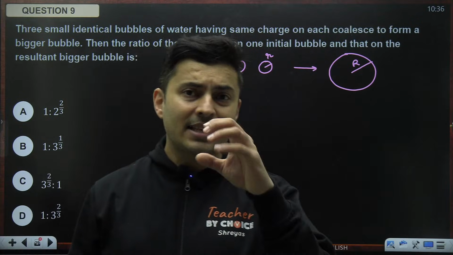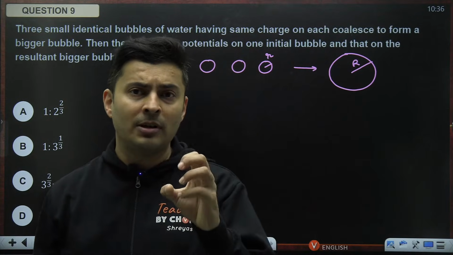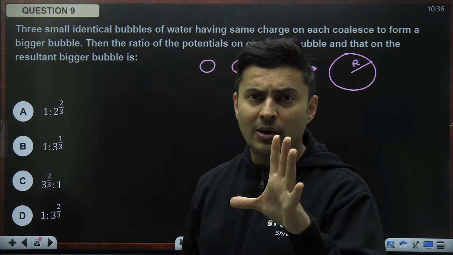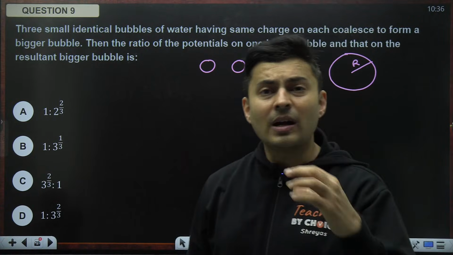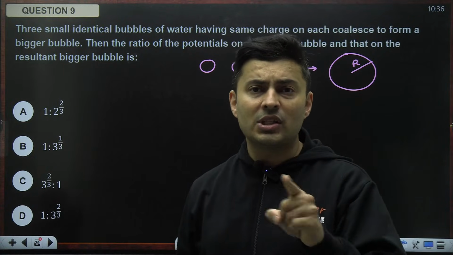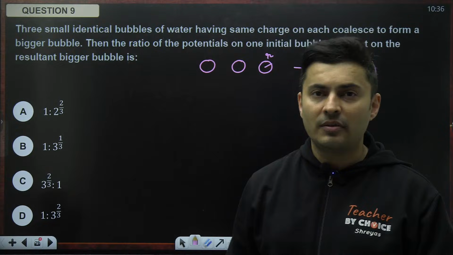Inside there is air and air is expandable. It can be compressed or it can be expanded. So because of which, when you use a compressible fluid, volume is not conserved, moles is conserved.